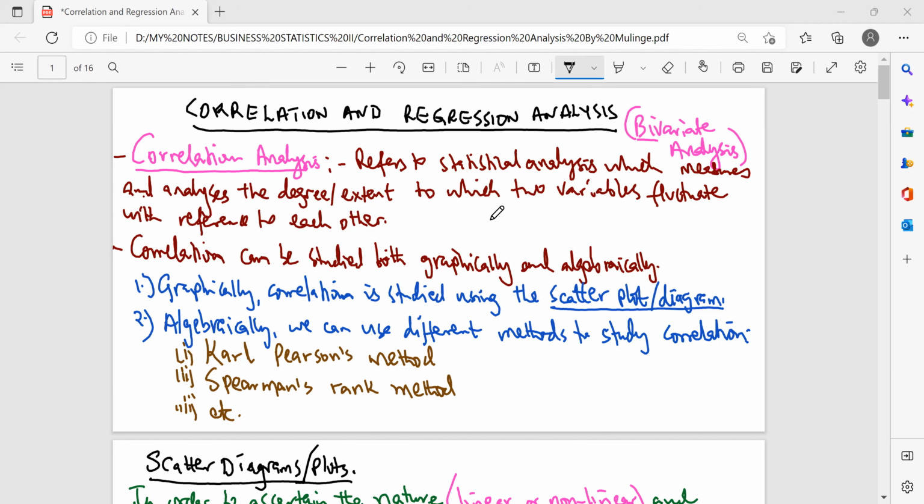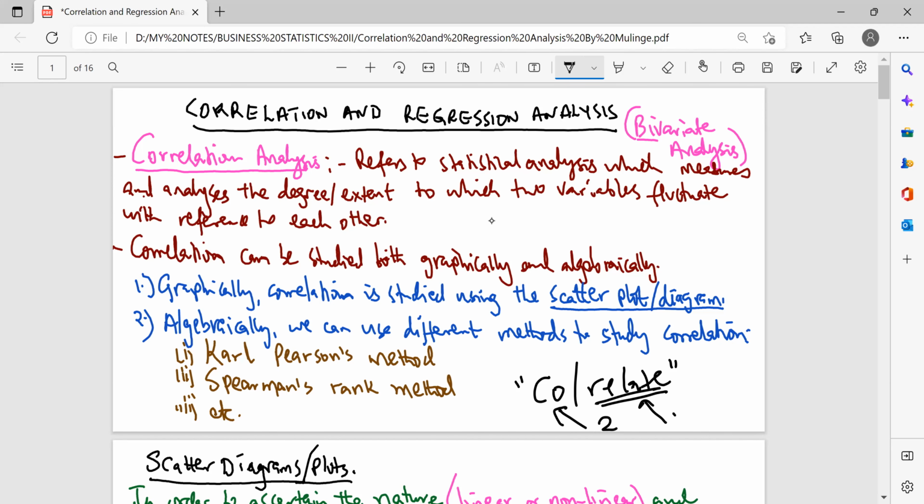So what is correlation analysis? Correlation basically comes from the words core and relate. Core, of course, signifies two. Then it is from this word that we get the word relationship.